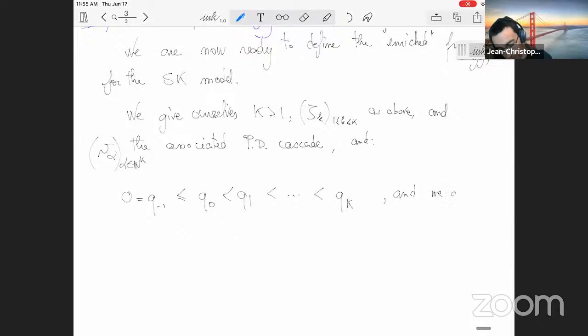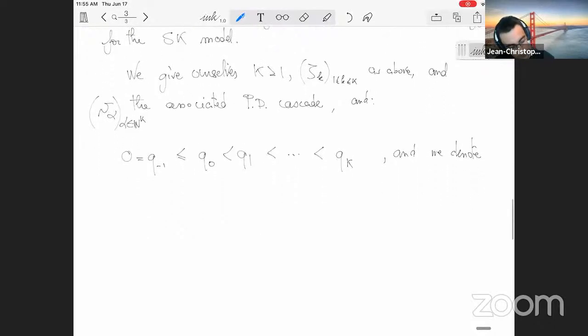And we denote the measure mu, which is the sum for k from 0 to K of zeta k plus 1 minus zeta k, delta Q k.